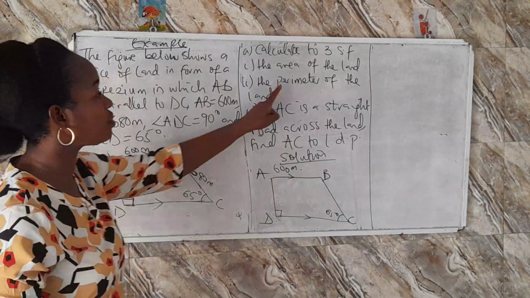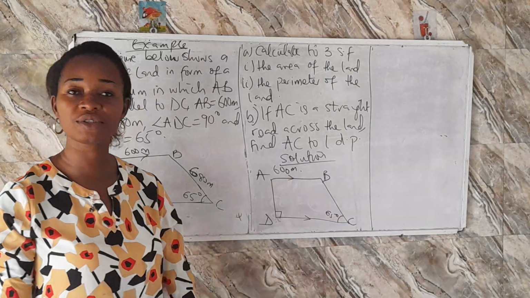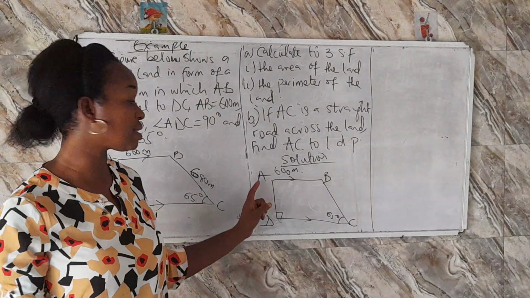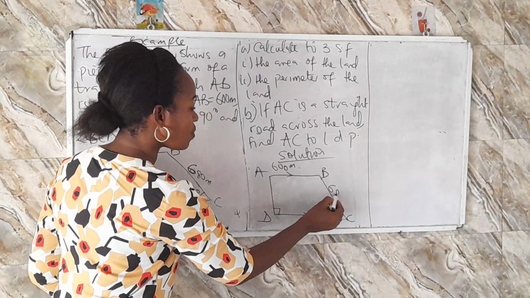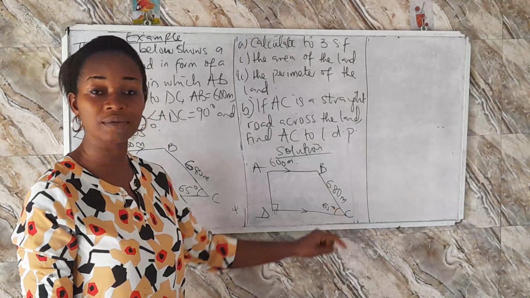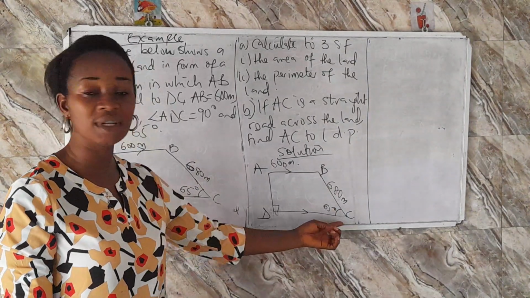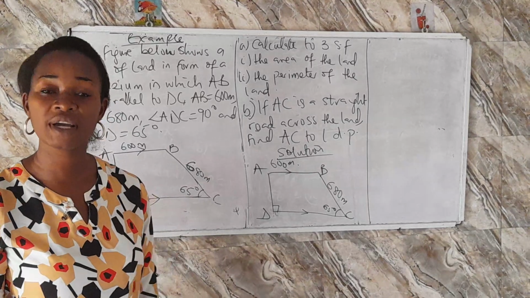So we are asked to find the perimeter. Now, in order to find the perimeter of this trapezium, we need to know the size of all the 4 sides. But we have just 2 sides given. We are not given the length of DC, and we are not given the length of AD. So we need to find them.